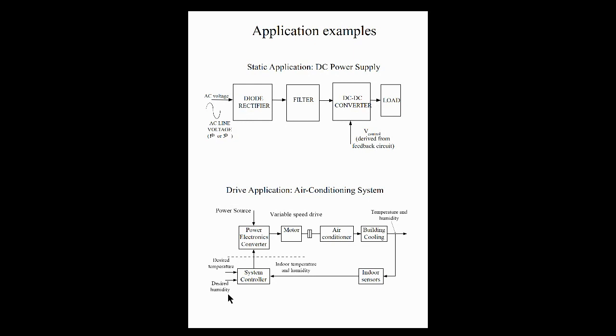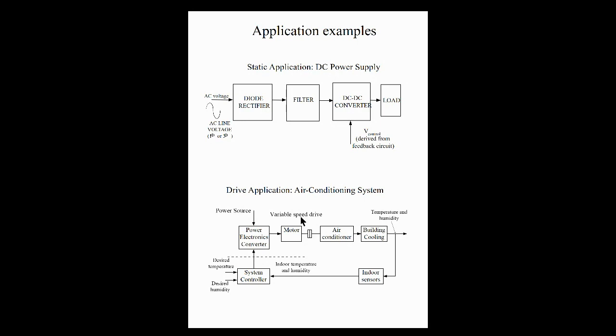Also desired humidity, because AC units are supposed to not only maintain temperature but also humidity. So you would set your desired level for your temperature and your humidity, and then what is going to happen? Your power electronics is now going to respond to these settings.